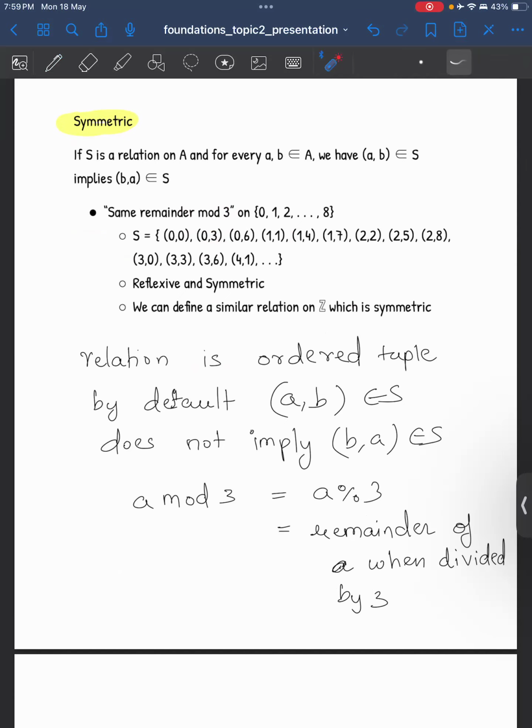As you can see, 0 and 3 have the same remainder. So (3, 0) is also related, and this is very easy to check: it is a symmetric relation.